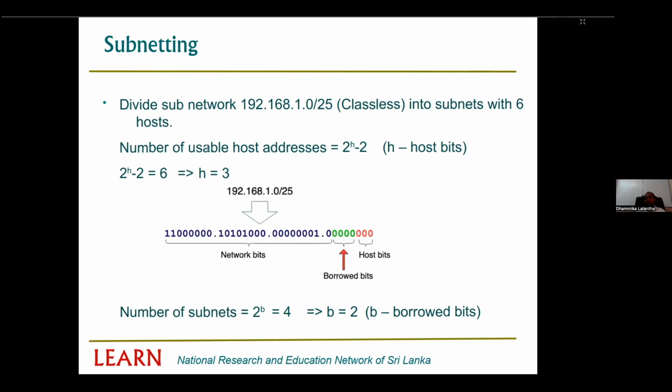When we write this subnet in binary format, we can easily see the host bits is 3, so the remaining 4 bits will be the borrowed bits. We can create subnets using these 4 borrowed bits. So the number of subnets will be 2 to the power b, where b is equal to 4.